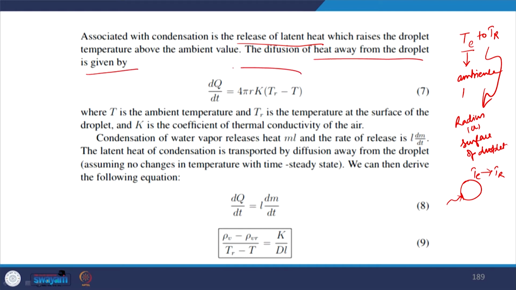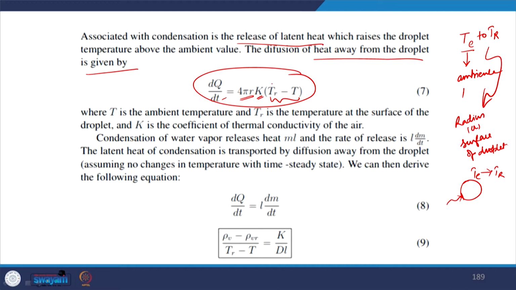This is a simple conduction equation where the rate at which heat is given out with respect to time has to do with the radius or the size of the droplet, the coefficient of thermal conductivity and the difference of the temperature. T r is the temperature at the surface of the droplet, capital T is the temperature of the ambience.